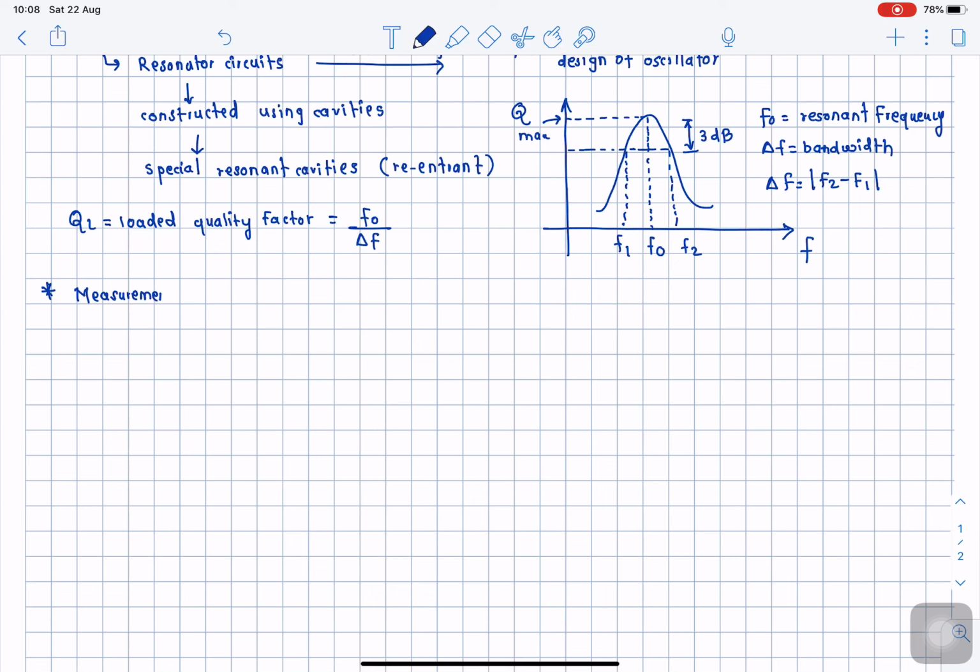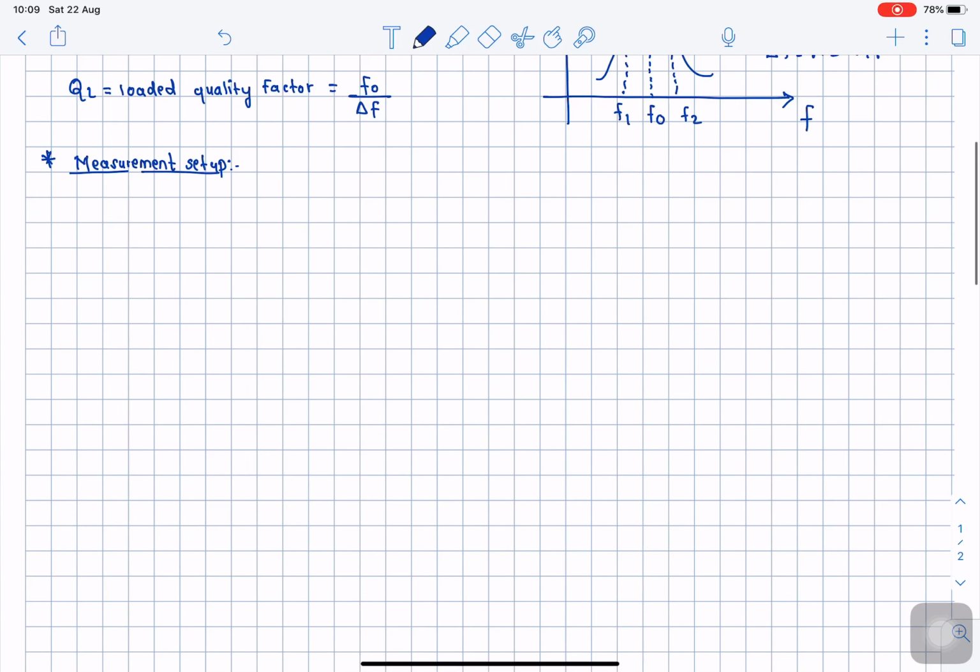Measurement setup for quality factor. Again, it is a common block diagram. First we use a microwave source, and it is a reflex klystron tube. The second block is very obvious and important, and that is the isolator.